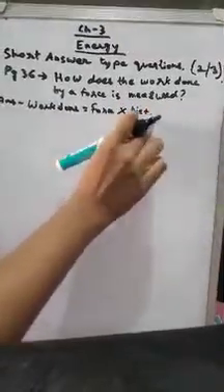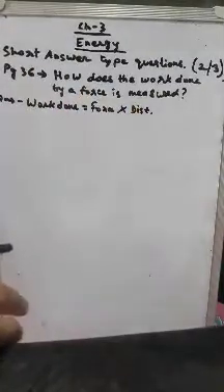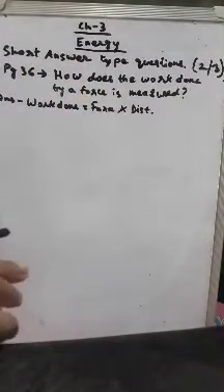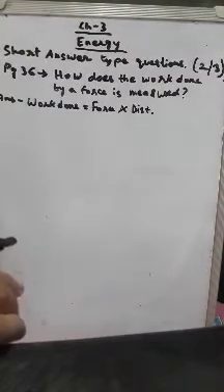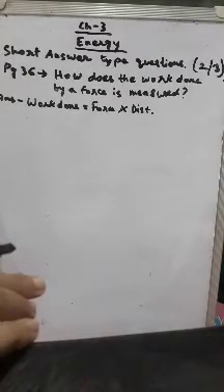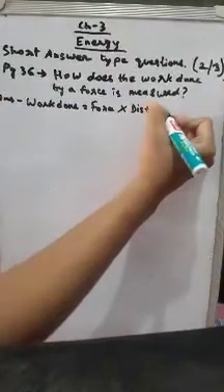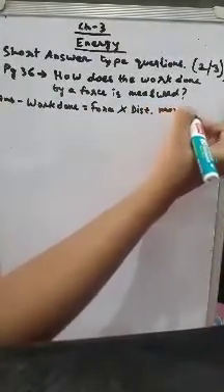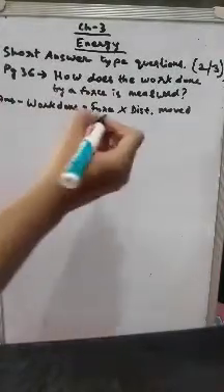I'm just writing in short, students, DIST. DIST you will not write in your exam. It is the distance. In short, I'm just writing it as DIST. You will write in your exam as distance. Distance moved in the direction of the force.